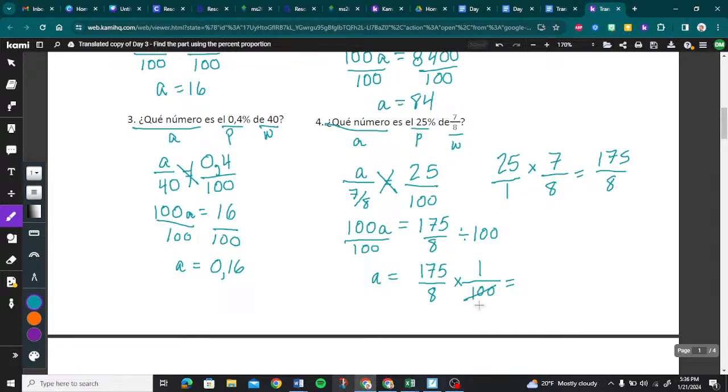It goes into 100 4 times, and it goes into 175 7 times. So we have 7/32. I'm really not sure how well that translates into Spanish.